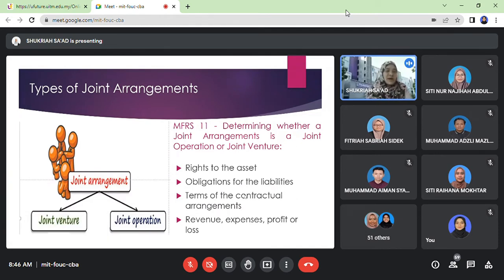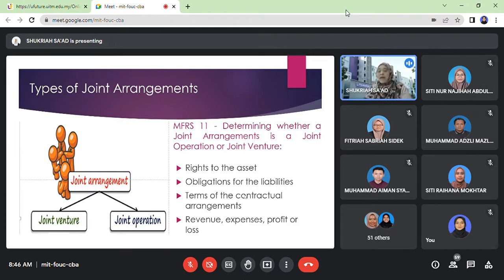With regards to identifying the types of joint arrangement, MFRS 11 gives some guidelines in order to determine whether the joint arrangement that we set up is a joint operation or a joint venture.